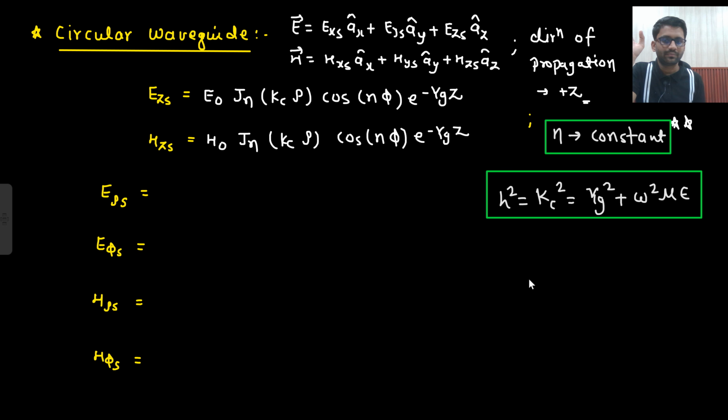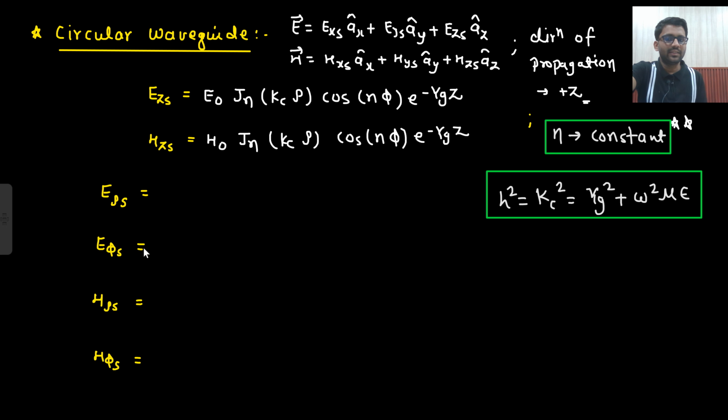Is that clear to you? Same goes here. Everything is crystal clear. This is your Ez dash, this is your Hz dash. What does this represent? Standing wave pattern in the direction of rho. What does this represent? Standing wave pattern in the direction of phi. And what does this represent? Traveling wave in z. Ditto the same thing as rectangular waveguide, nothing else.